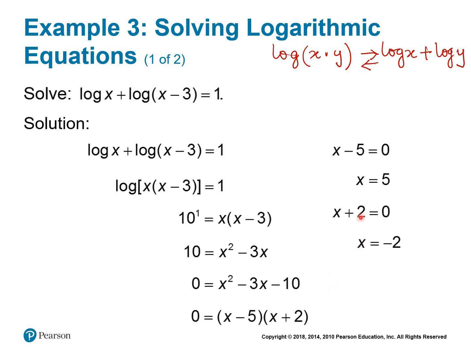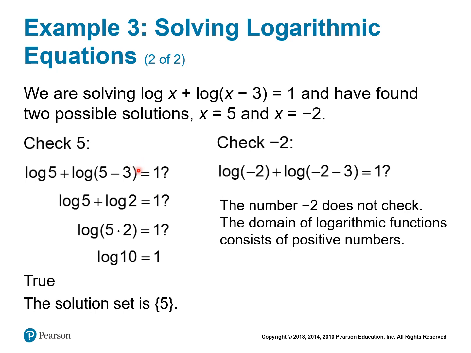However, we are not done yet because we have to take these solutions of x and plug them into the original equation and make sure that none of these m values become a negative value. All right. Now we are going to do that in the next slide. They have shown that work. So this was just part 1. All right. Until we do that test, we will not be able to write our final solution for x.